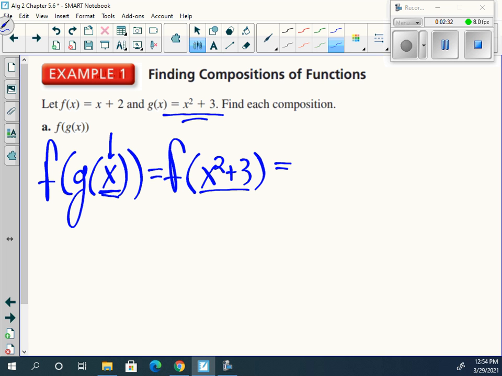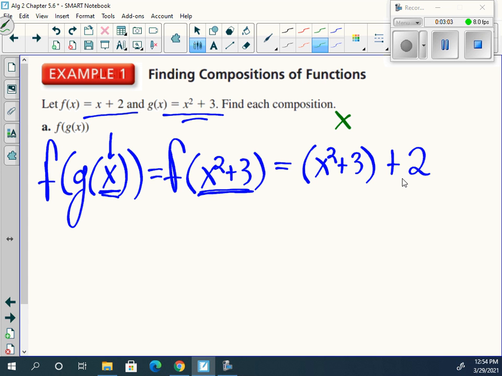And what we do next is take this x squared plus 3 and plug it into f of x. So any place there's an x in f of x, we're going to replace it with x squared plus 3. So our x plus 2, well, the x is now x squared plus 3, plus 2. Because in f of x, this whole statement was our x. We replace it with our x squared plus 3.